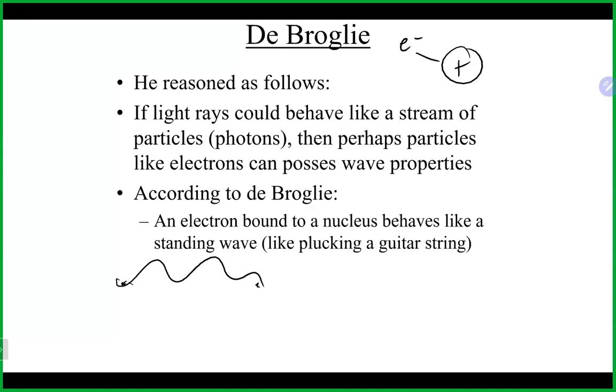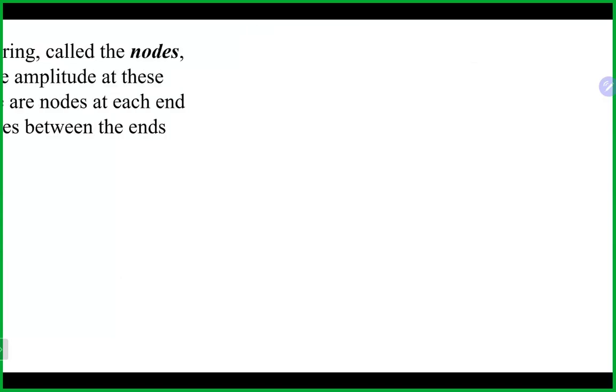So even though it's a particle, it's maybe not moving these nice fixed distances, but there is some type of wave function that's going to tie it to the nucleus, which explains as well why, for example, the electrons don't all fly away, right? You can't really take your guitar string and have it fly off the guitar unless you really detached it. But because it's attached to the guitar, it can't really go that far away.